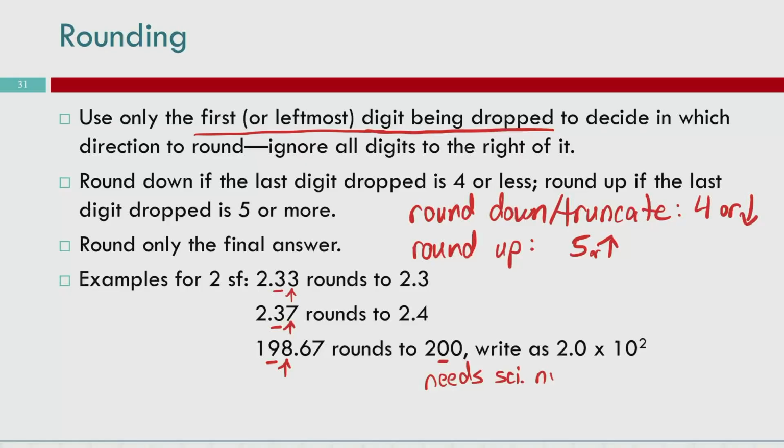It needs scientific notation because otherwise we've got ambiguous trailing zeros. We want to avoid ambiguous trailing zeros.